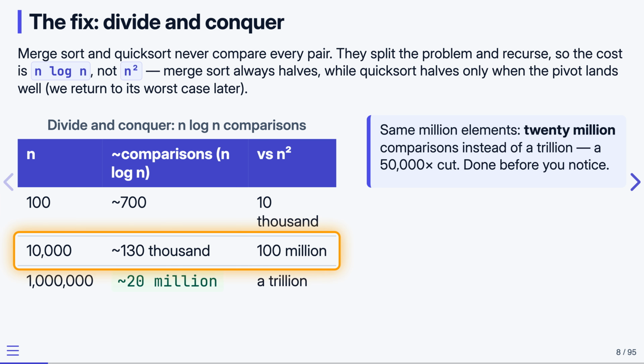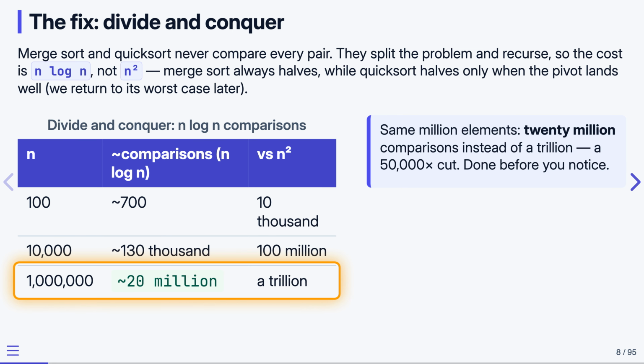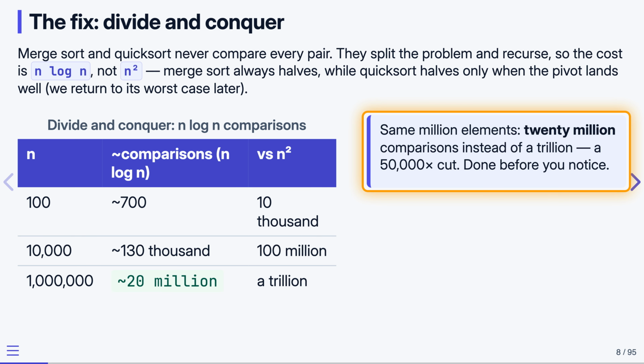With 10,000 elements, it is about 130,000 comparisons instead of 100 million. With 1 million elements, it is about 20 million comparisons instead of a trillion. Same million elements, 20 million comparisons instead of a trillion. That is a 50,000 times cut done before you even notice.